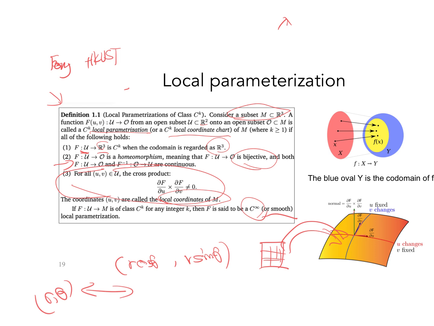So in 2D, this would be the Euclidean space. I have x and y, so this would be considered a subset. In a 3D case, x, y, and z, I can have a surface, and the surface would obviously be a subset of the Euclidean space. And for that, I would obtain local parameterizations.